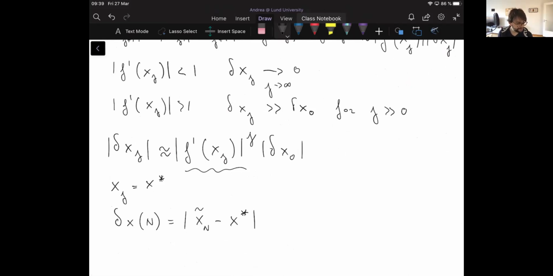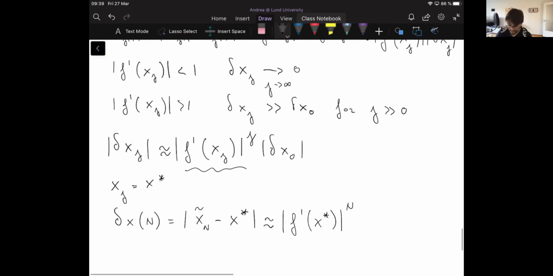So if I do this, then I can calculate this as f prime at the fixed point to the power of n times the absolute value of delta of x0.